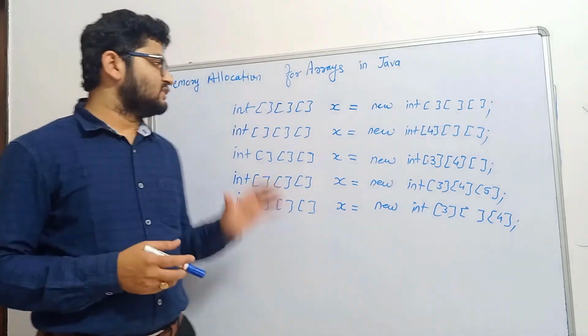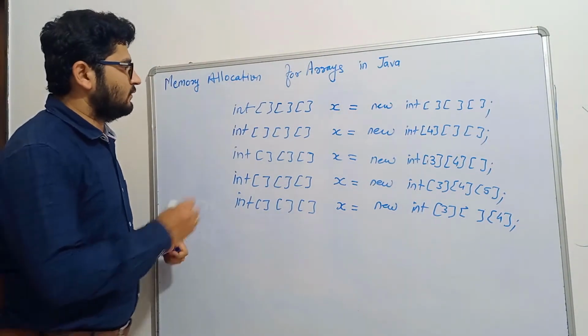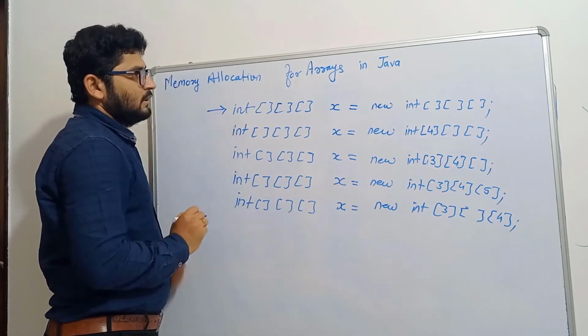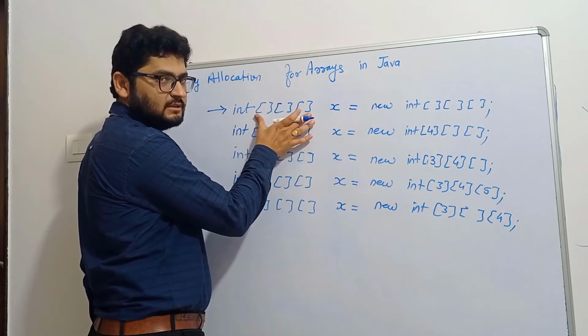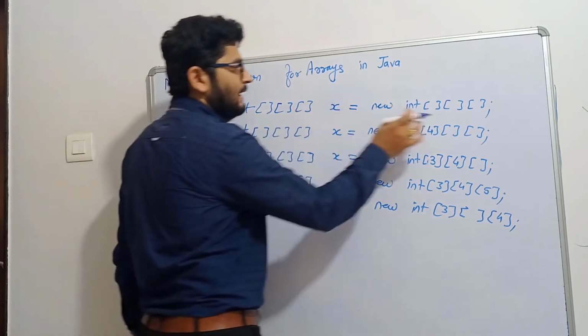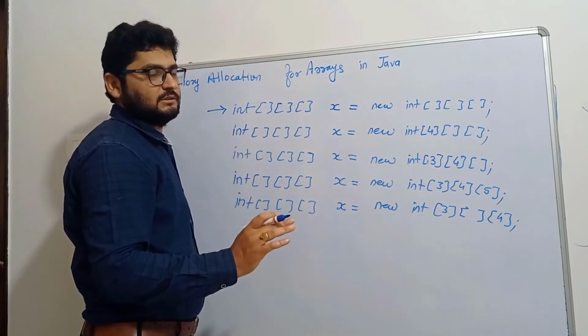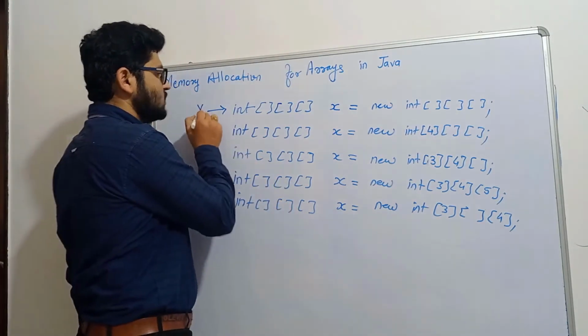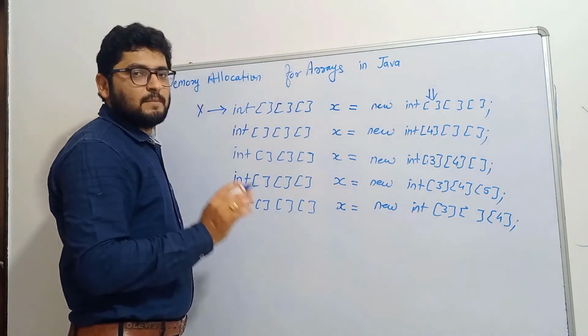Okay, now let us see which of these are valid and which of these are invalid. Okay, now let us suppose this one. Here I have created x, which is a 3-dimensional array, and I haven't given the size of any dimension. That's why this is invalid, because the size of the base array is compulsory.